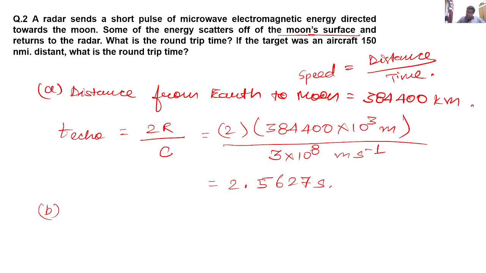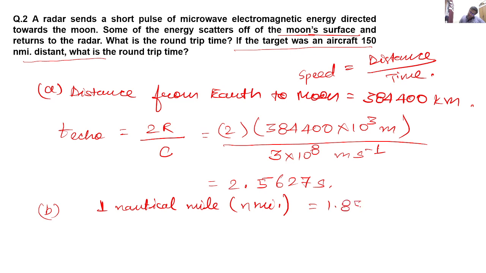Now, what is the round trip time for the second case? If the target was an aircraft 150 nautical miles distant, what is the round trip time? 1 nautical mile, or in short NMI, is basically 1.852 kilometers.